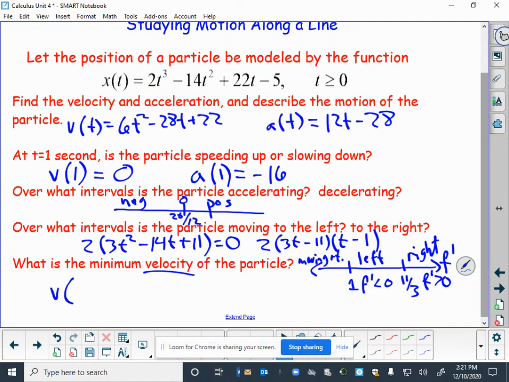So it's going to be whatever the velocity is at 28/12 or 14/6 or 7/3. And so if I plugged 7/3 into my velocity equation, ran that through there, that would give me what my minimum velocity is, and hopefully that would be a negative number, okay, at that point.